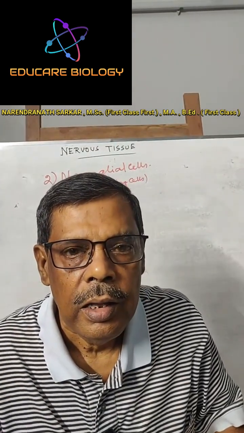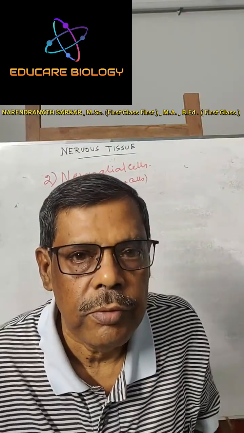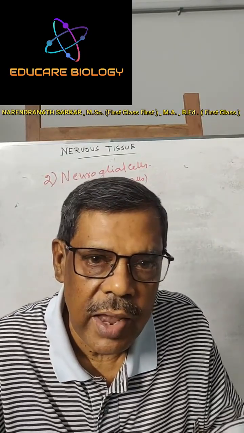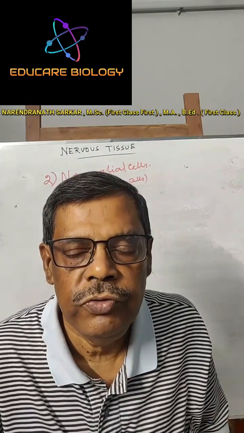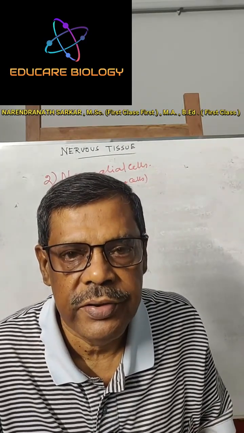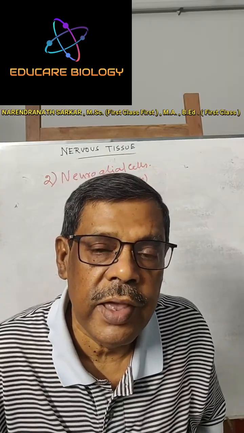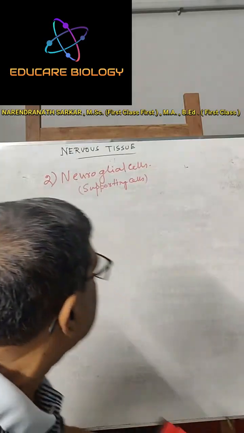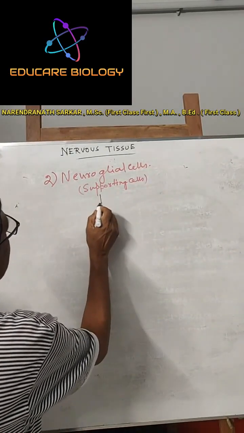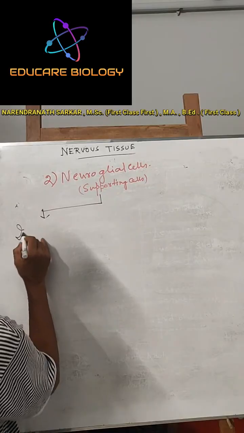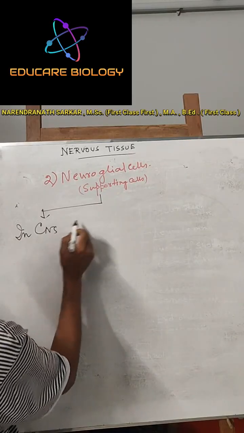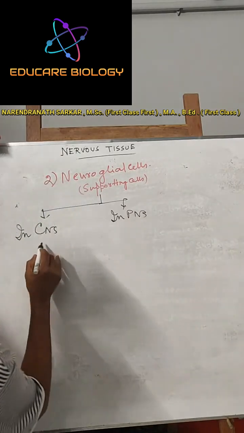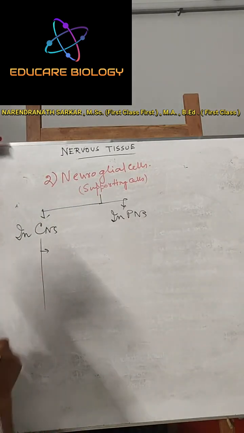In nervous tissue, there are many more neuroglial cells than neurons, which protect, nourish, and regenerate or repair the nerve cell. There are several types of neuroglial cells in the central nervous system and peripheral nervous system.